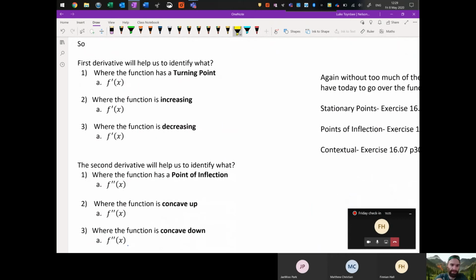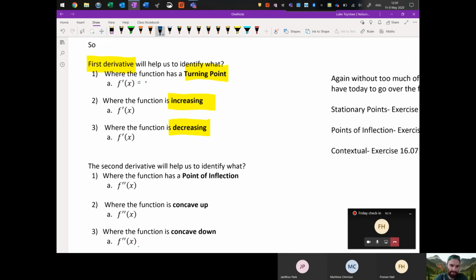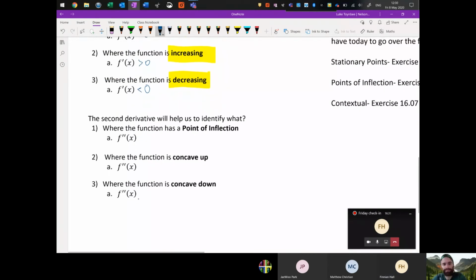The first derivative tells us turning points and where the function is increasing and decreasing. A turning point is where f dash x is equal to 0. The function is increasing when that is greater than 0, and decreasing when it's less than 0.